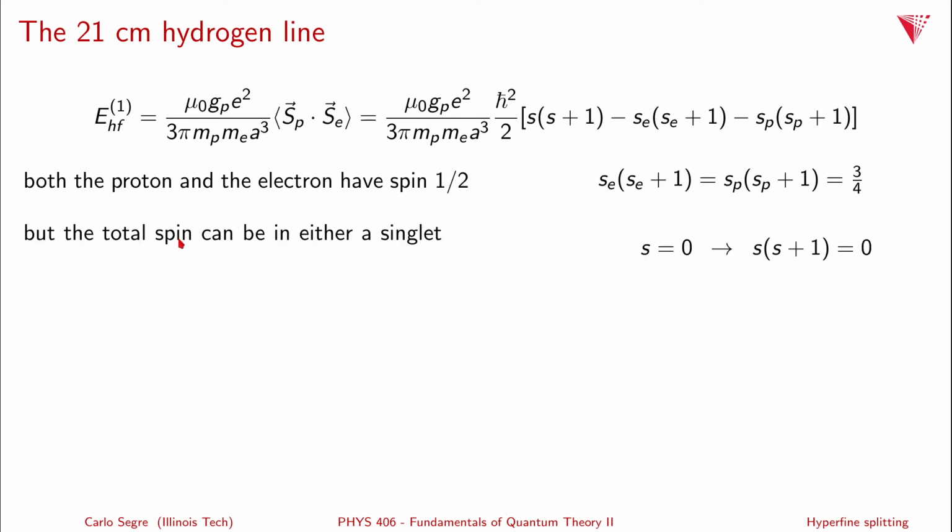But the total spin, because you're summing two 1/2 spins, can either be 0 or 1. The 0 is a singlet, and so S(S+1) is 0. And the triplet, total spin S equals 1, gives you S(S+1) equals 2.